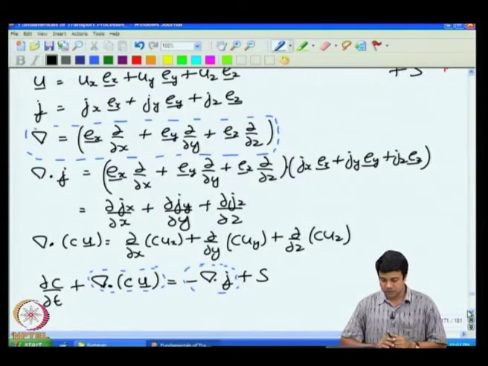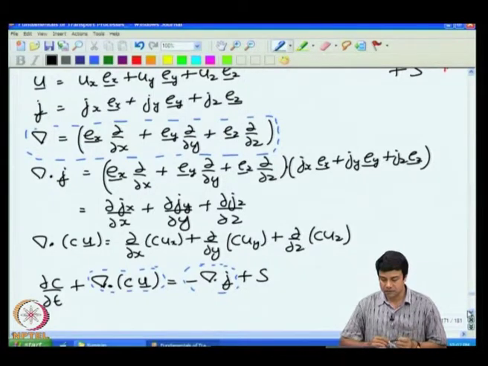And that vector equation is what I had at the bottom of the screen. Del dot j, the gradient operator, is defined as Ex d by dx plus Ey d by dy plus Ez d by dz, acts on the flux.